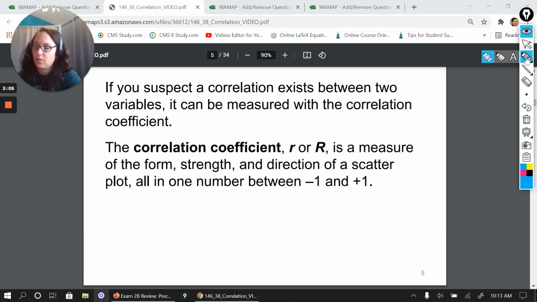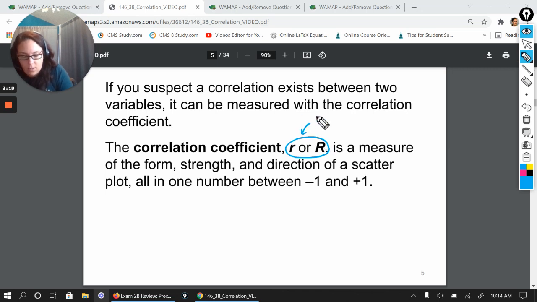If you suspect a correlation exists between two variables, it can be measured with the correlation coefficient. The correlation coefficient, R, little r or big R, either one, but our TI-84 calculator uses little r.